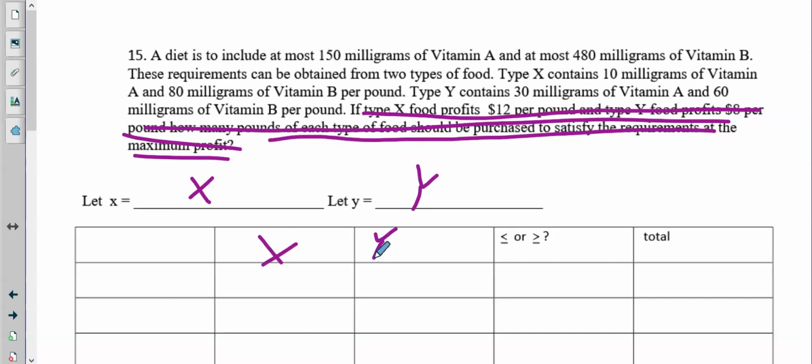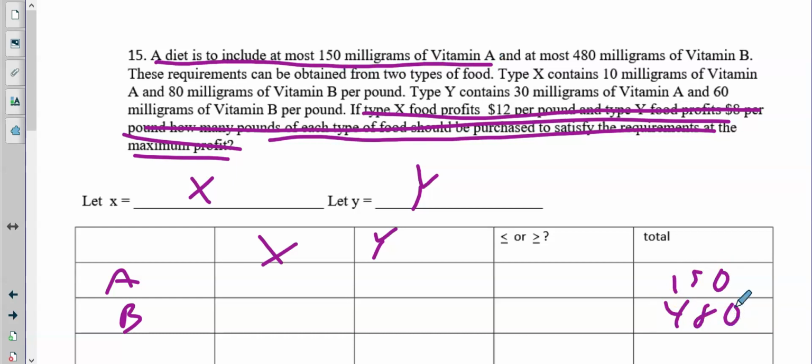Now, reading the problem. I have vitamin A and vitamin B. It says a diet is to include at most 150 of A and 480 of B. I'm done with that line. And it's at most, so it looks like that.